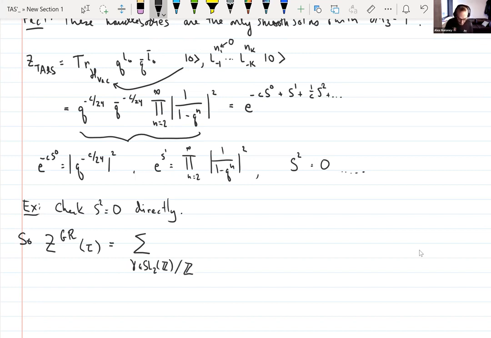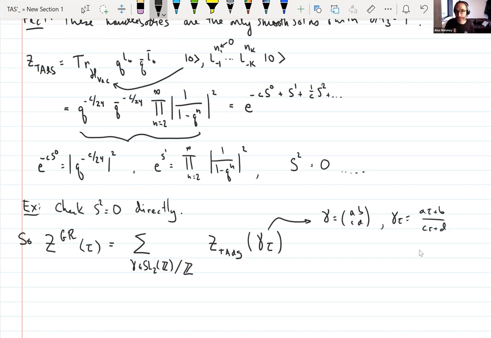One of the contributions is this thermal AdS answer. And all of the other ones are related to it by modular transformations. So remember, if gamma is ABCD, then gamma tau is defined to be A tau plus B over C tau plus D.